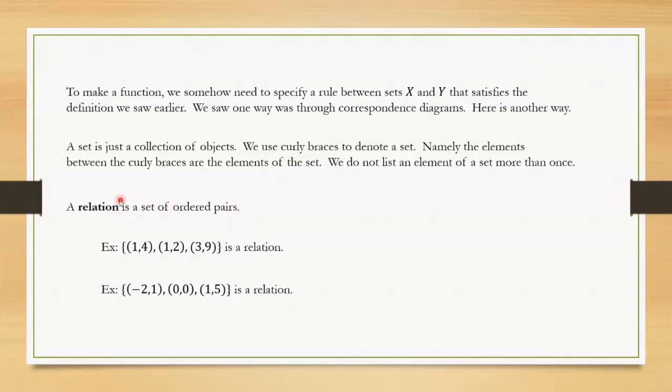A relation, by definition, is a set of ordered pairs. So it's a collection of ordered pairs of numbers. So this would be a relation, and so would this. These are both relations.